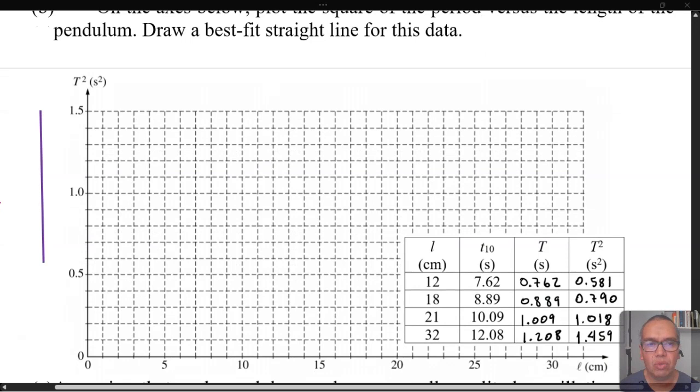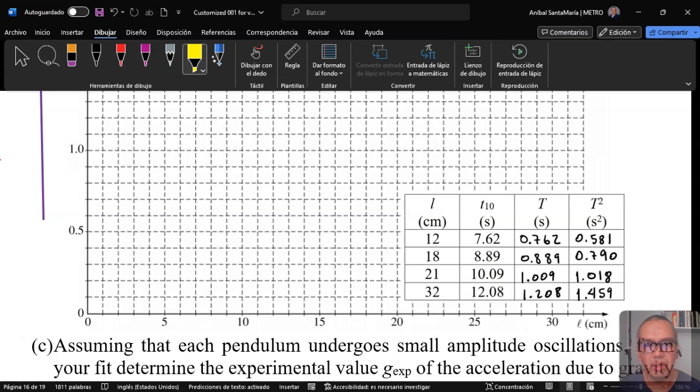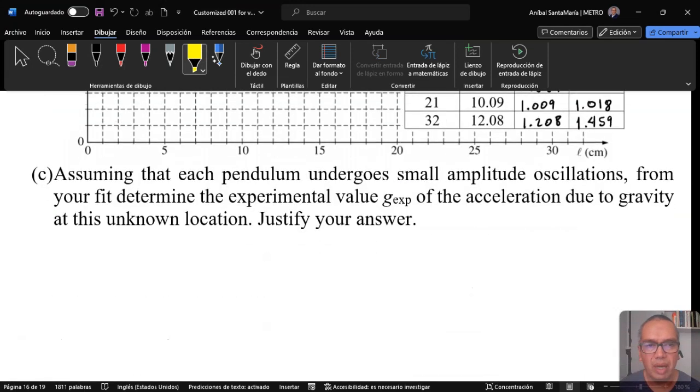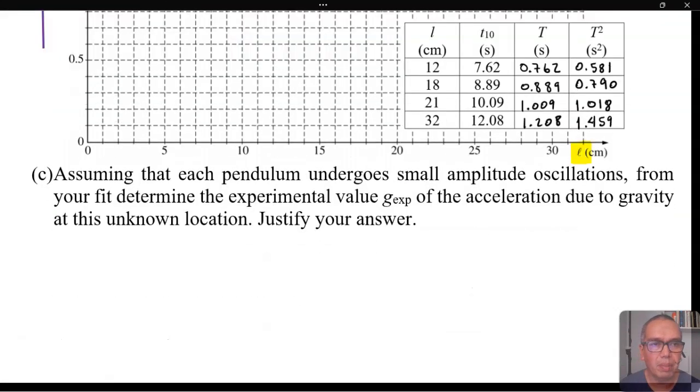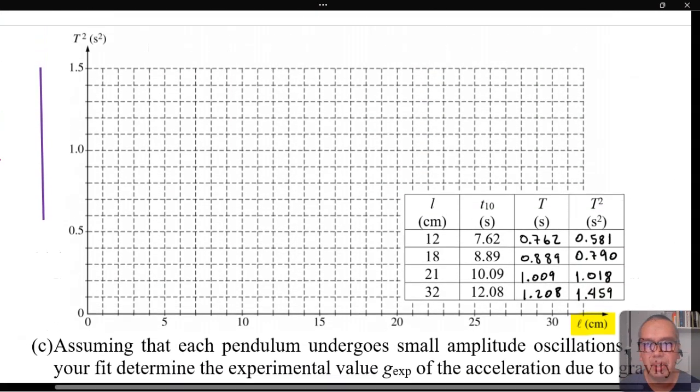Now, we have to once again consider carefully what is it that they are giving you. On the horizontal axis, what you have is the length of the pendulum given in centimeters. On the vertical axis is the square of the period.